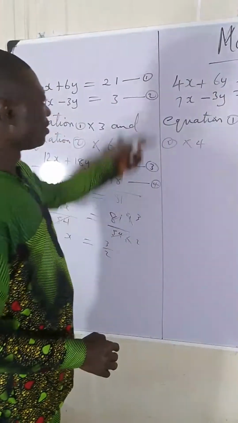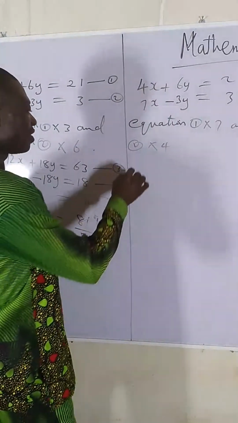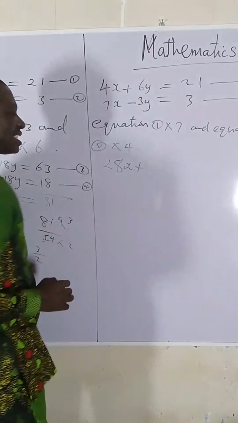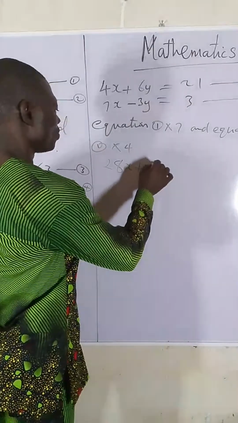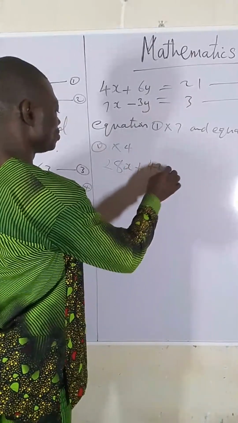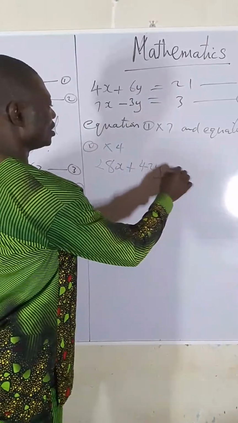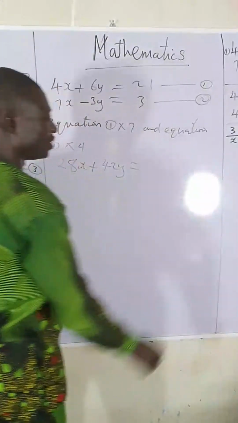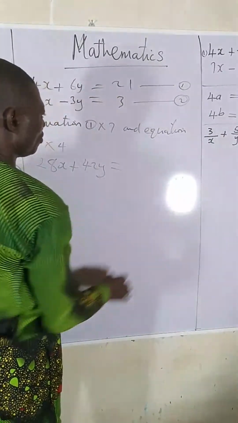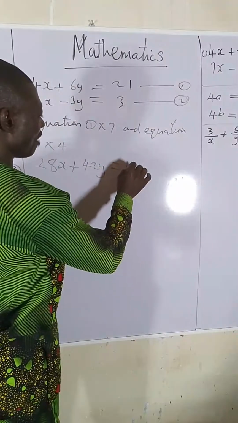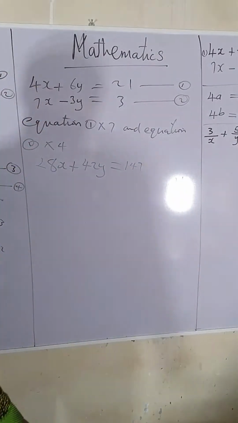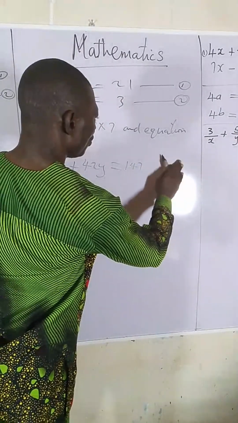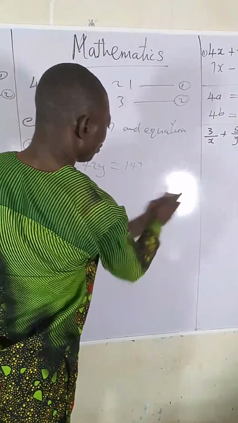And so 4x times 7 will give us 28x, plus 6 times 7 will give us 42y, is equal to 21 times 7, which gives us 147. And we can call this equation 3.